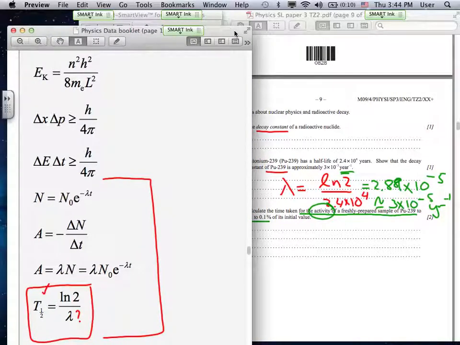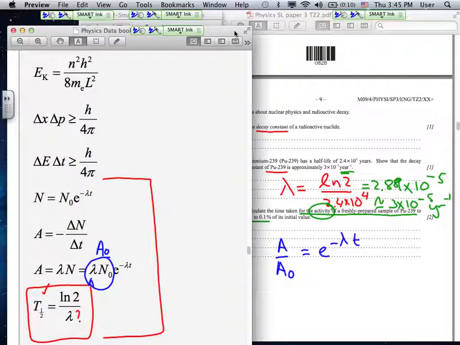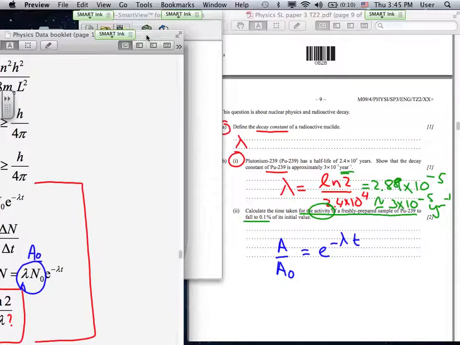Now we have with this over here, because this lambda N0, this would be your activity A0, because this is the probability that a nuclide will decay at a specific time, and this is the number of nuclei. So the product of those would give you your activity A0 or at the start. So if I write this as A over A0 is equal to e to the minus lambda t, we can use that formula.